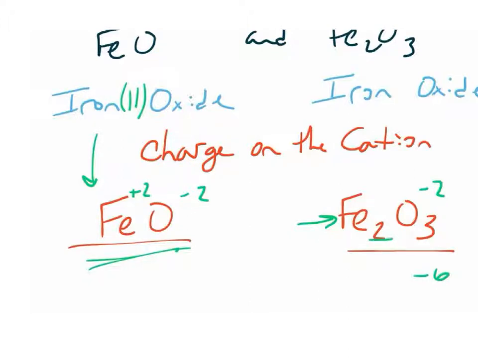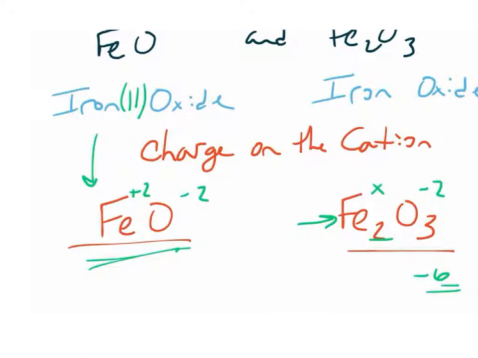Now, I have 2 irons. What must the charge be in order to get the same number, opposite charge, as -6? Well, 2 times 3 is +6.